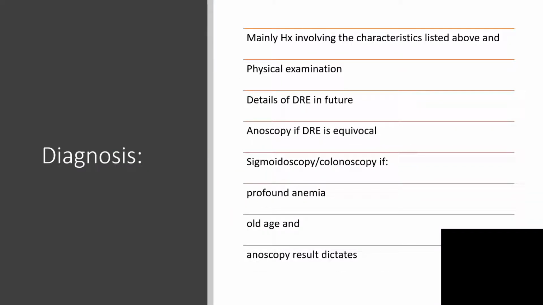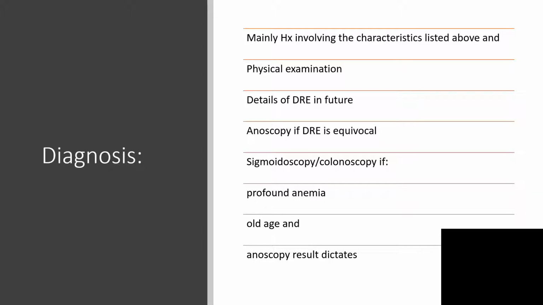How do we make the diagnosis? It is mainly by history involving the characteristics listed above, and of course the physical examination that will involve digital rectal examination. I will make a separate full presentation on digital rectal examination in future.